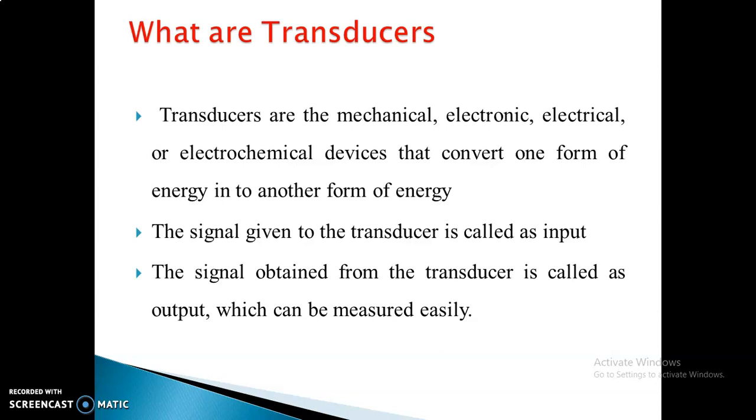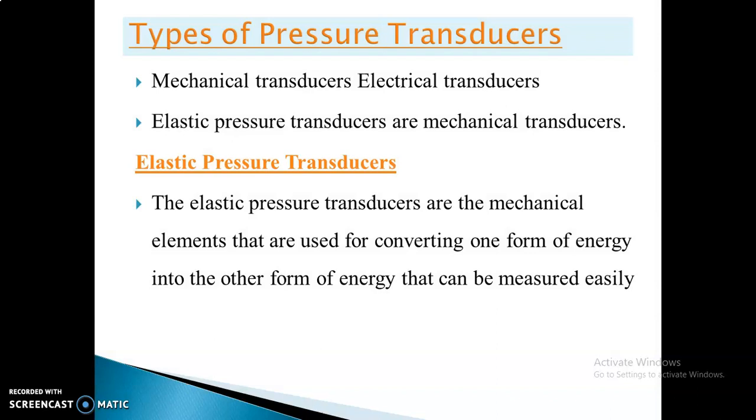So whatever signal is given to the transducer is called input, and the signal obtained from the transducer is called output. We have so many types of transducers, but here we are focused only on pressure transducers.